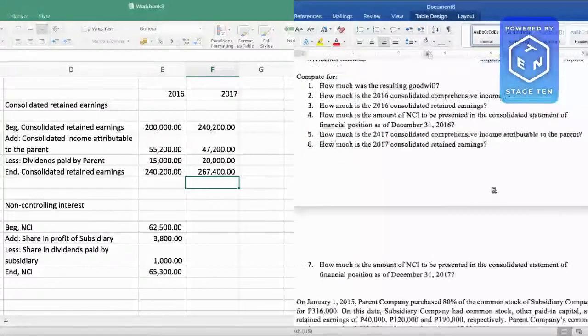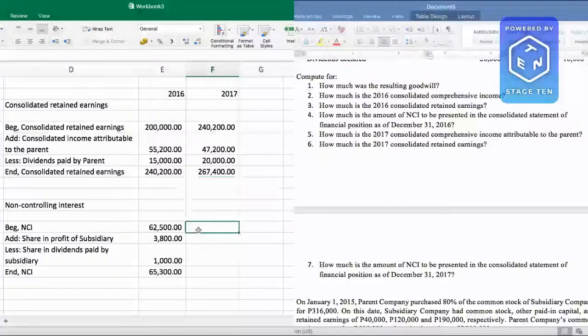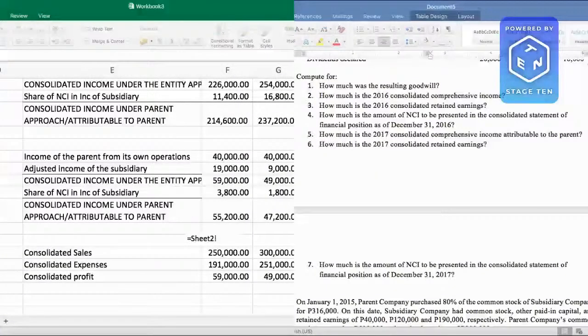Last question. How much is the NCI to be presented in the consolidated statement of financial position as of December 31, 2017? Okay, and we can solve this already, class. The beginning NCI for 2017 would again be just the ending NCI in 2016. So again, no problem. Next, add share in profit of subsidiary. Whose share? Only the minority shareholders' share. And how much is the share of the non-controlling interest in the income of the subsidiary? In the adjusted income of the subsidiary, go back to our computation, class.